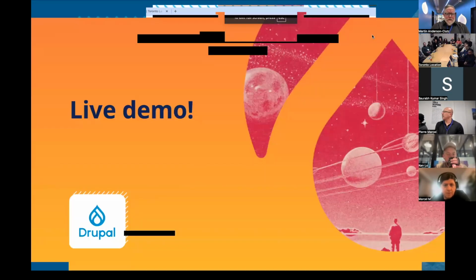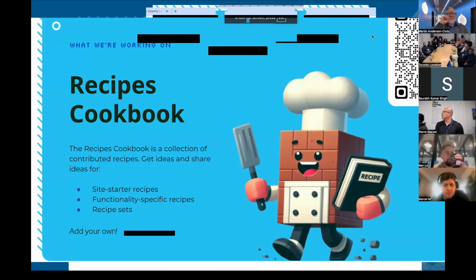So let's dive back in here. If you wanted to explore some of the other recipes that are available outside Drupal CMS, there is this wiki page that's being called the Recipes Cookbook. It has a variety of site starter recipes. So if you wanted to do something other than either Drupal core or Drupal CMS, there are other starting points. There's also functionality specific recipes.